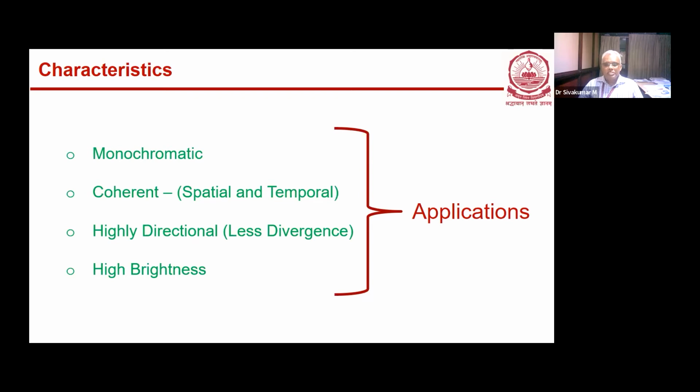If you focus it, the number of photons at the focused spot will be very high, so the intensity will be very high. That is why you can't see the laser directly. It will be focused by your eye lens onto the retina, and the retina will be burned out. So we have to have protective measures to prevent eye damage from the laser. These are the 4 main characteristics.